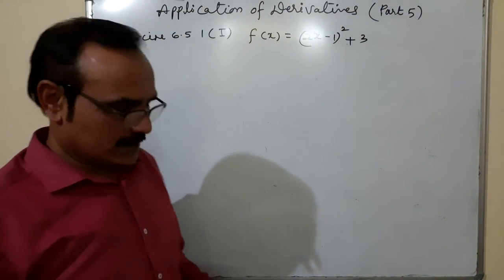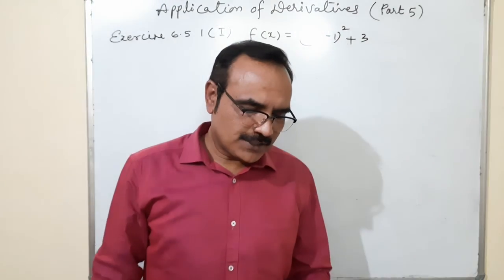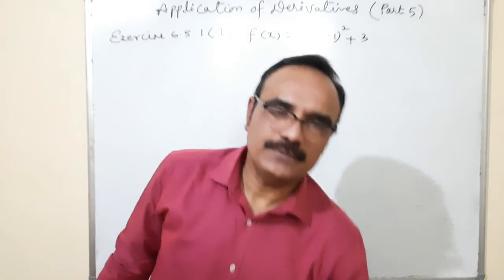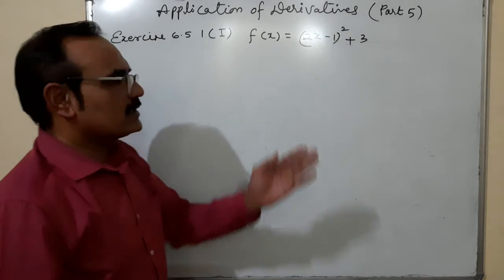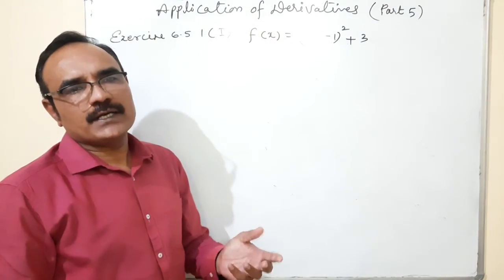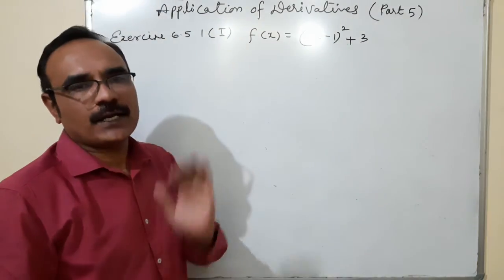In this question, what are they saying? Find the maximum or minimum values, if any. I think in this function, we need not differentiate; first derivative, second derivative, nothing is required.